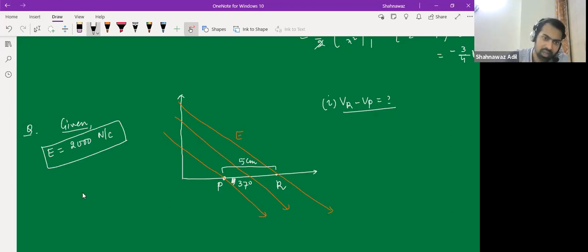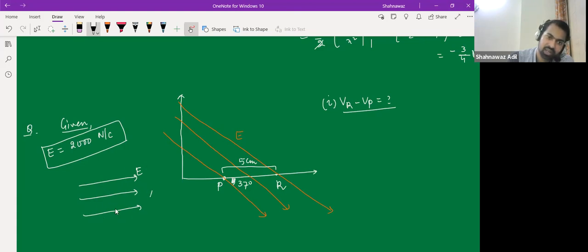Aisha, is that the correct answer? What kind of electric field is this if I have parallel lines? Yes, uniform, because the distances are the same. So this would be a uniform electric field.